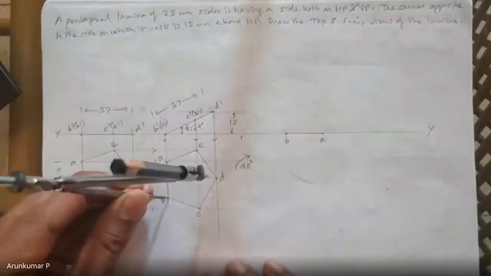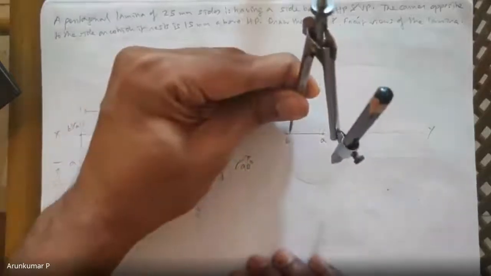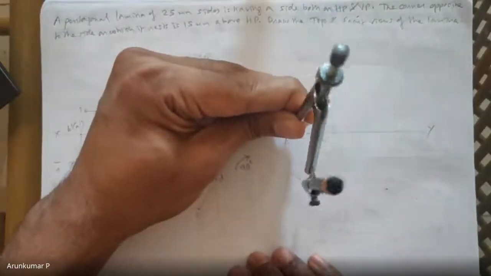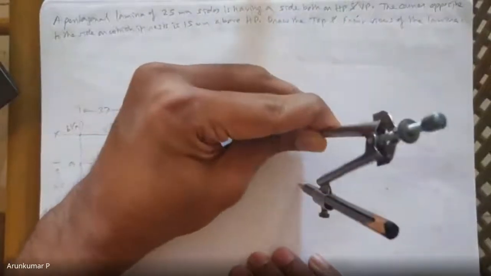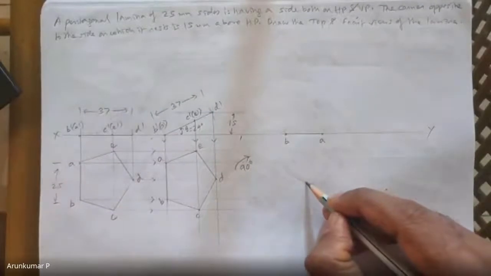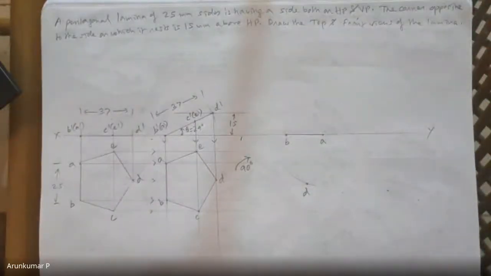From B, I'll measure distance from B to D. Same distance I'll take here. From B, I'll cut the arc. So this point would be D. Got it? Same way you can locate C and D.